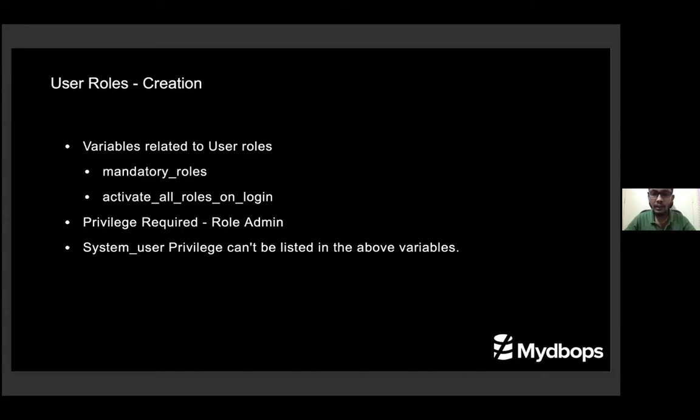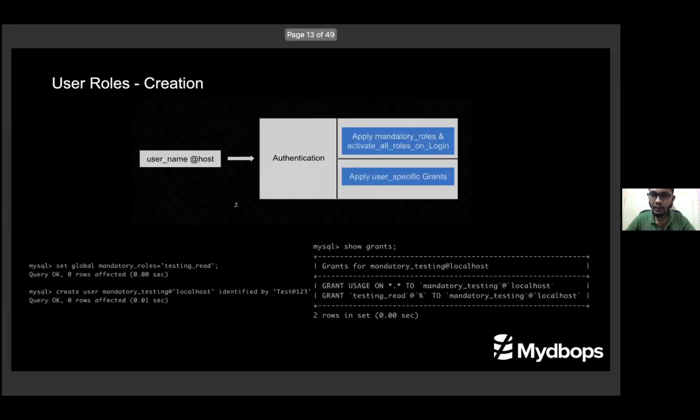We can create a role with the read privilege for all the schemas and attach that role in mandatory_roles. So whenever a user logs into the server, they will have the mandatory roles by default. And if we enable activate_all_roles_on_login, it will enable whatever roles we have on our server.